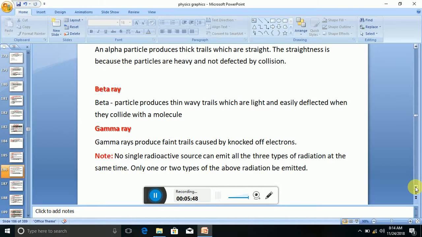Faint rays. So these are thick rays, wavy rays, faint rays. No single radioactive source can emit all the three types of radiation at the same time. Only one or two types of the above radiation is emitted by a particular radioactive source.